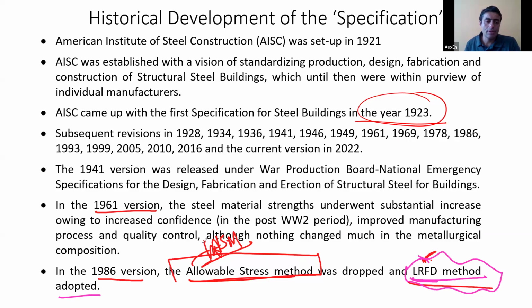So this LRFD method was adopted and the stress based approach was done away with in the 1986 version. The 1986 version is a significant landmark in the journey of the specification for steel buildings, because it saw the discontinuation of the allowable stress-based method and an adoption of the LRFD method. Is this clear?